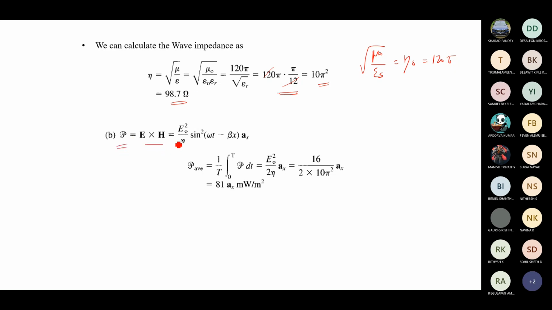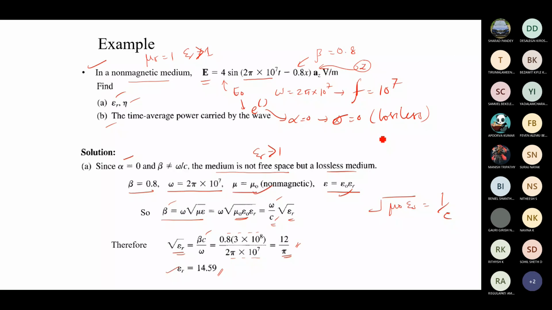Simply you have to take the cross product. And when you take the cross product, you will get all these terms, and in the denominator you will get the eta. You have to get the time average. It is very simple: you have to take the magnitude square, and the vector you have to define, and the vector is going to be the direction with respect to the wave propagation and this electric field.